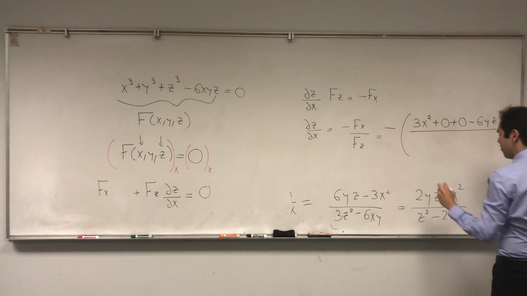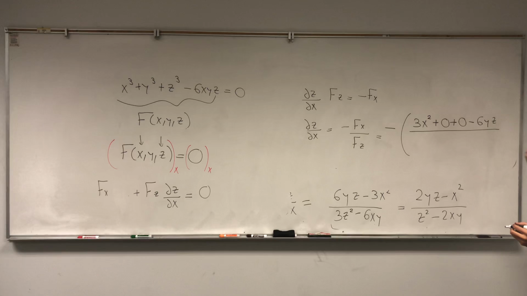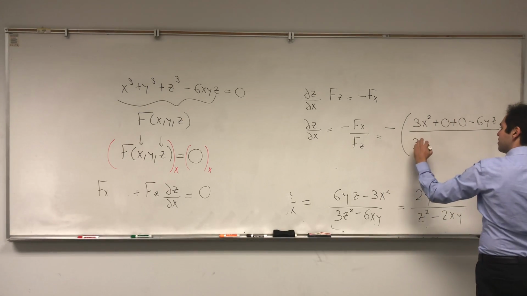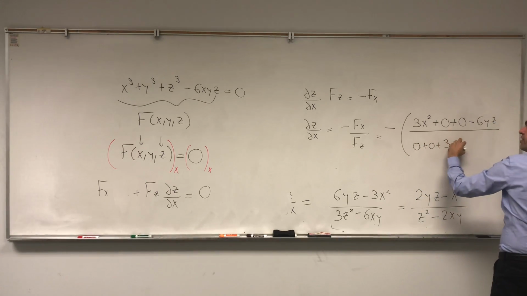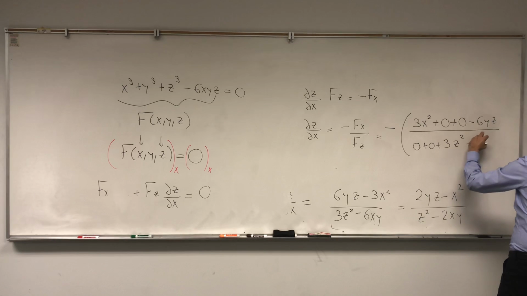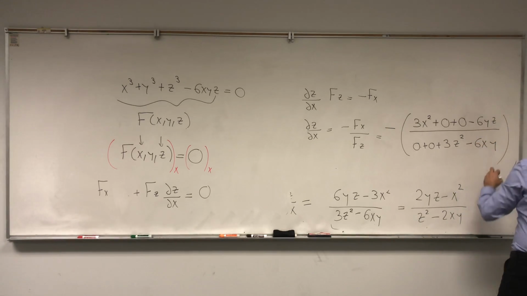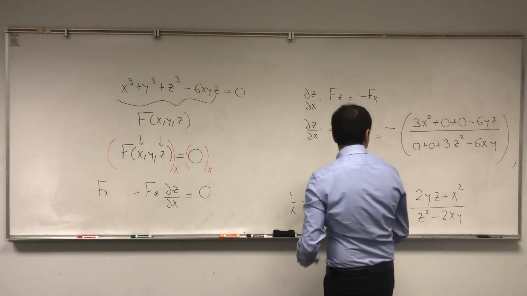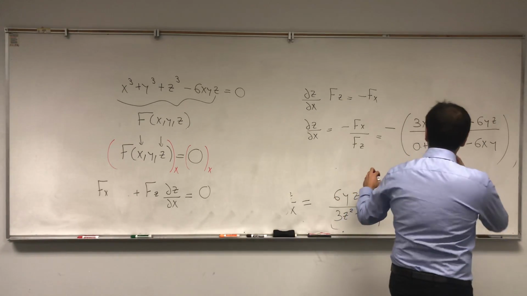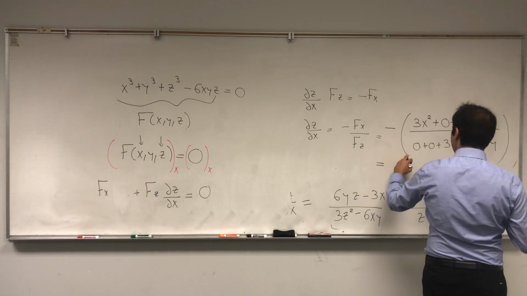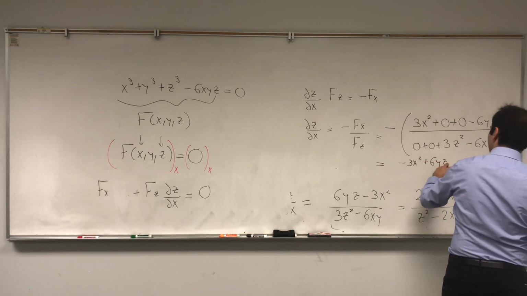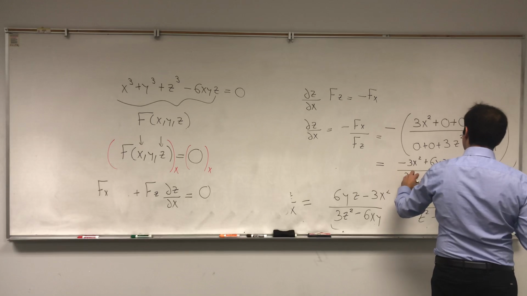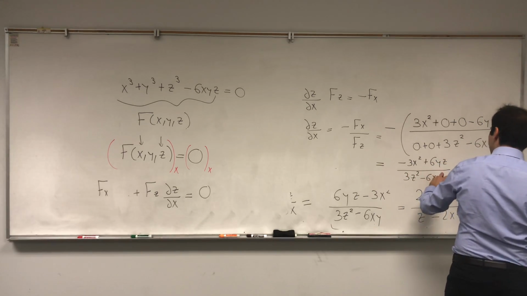Now the same thing with respect to z: 0 plus 0 plus 3z squared, and then minus 6xy. And if you want, you can rewrite this as minus 3x squared plus 6yz over 3z squared minus 6xy.